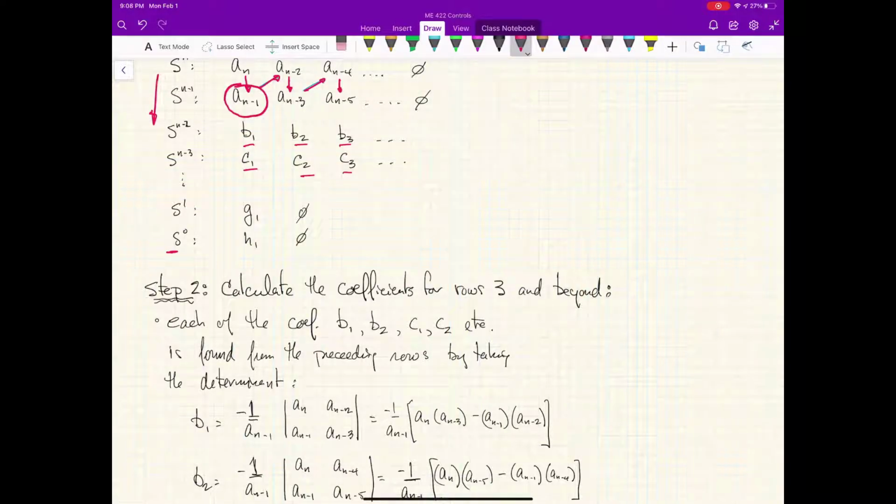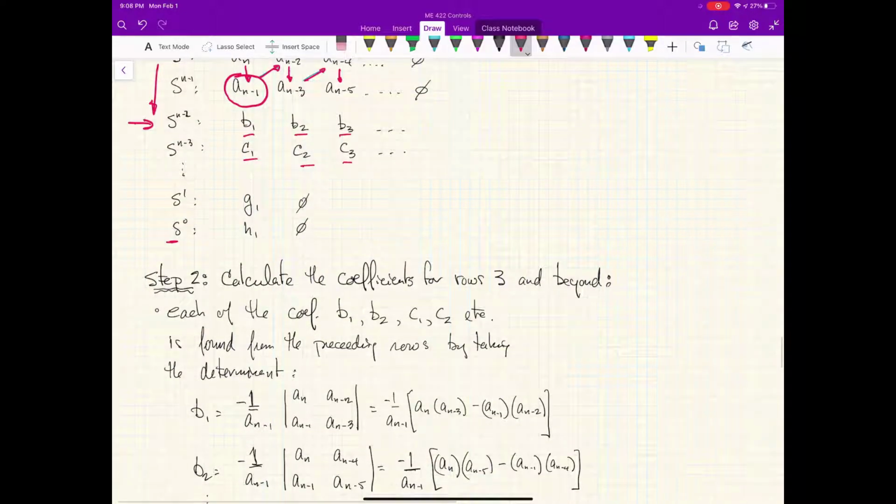So in the case of the third row, I'm going to take the coefficient of the row that's immediately above it in position 1. Okay, so the leftmost column of the row that's immediately above it, times minus 1. So for coefficient B1, that's going to be minus 1 divided by a sub n minus 1, because that's the coefficient in the row immediately above it on the far left side of it, the first coefficient on that row.